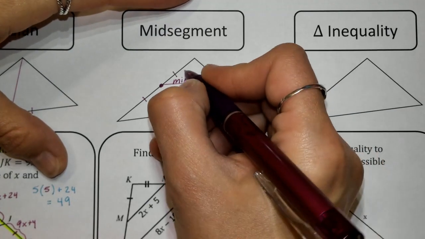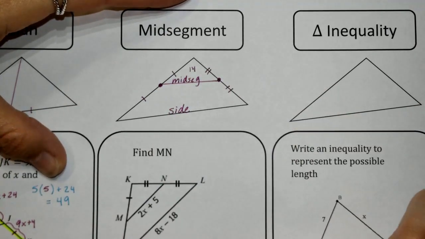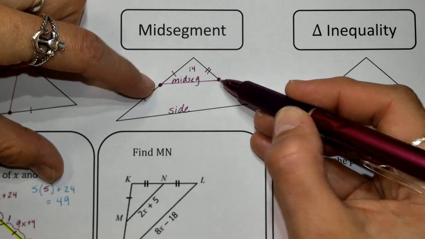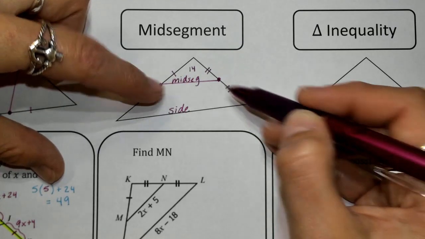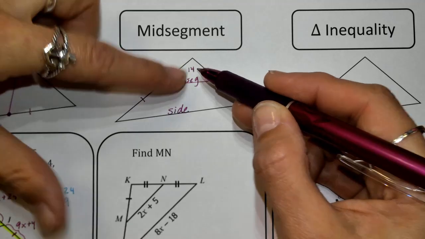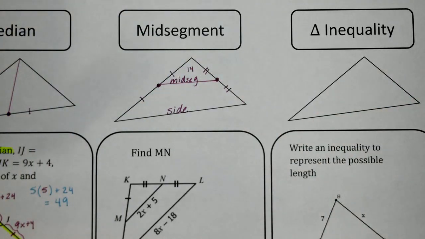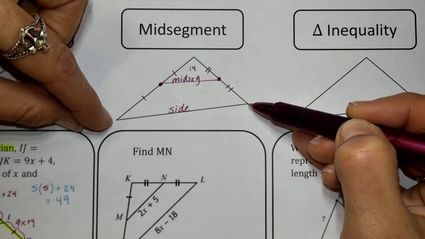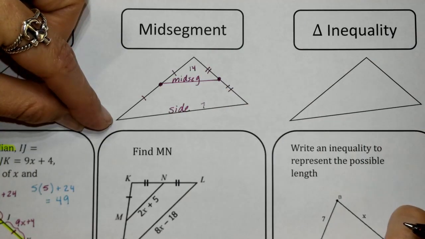But if I told you that the mid-segment was 14, looking at the physical size of the mid-segment and the side's bigger, would it make sense to double that? Because when I give you a number value, you're either going to divide by 2 or multiply by 2. If the mid-segment's 14, would it make sense to divide by 2 and say this side is 7?